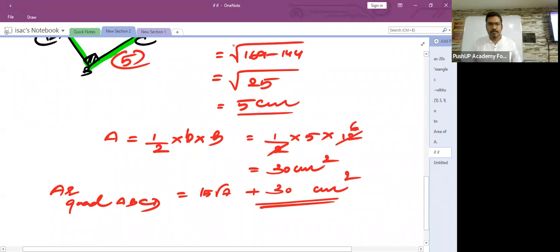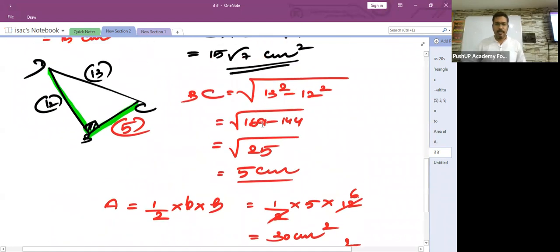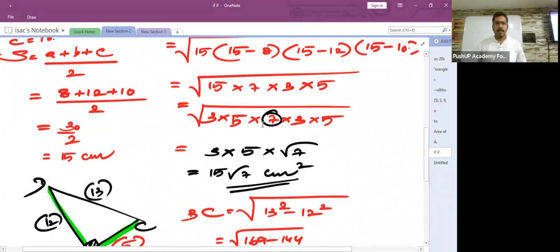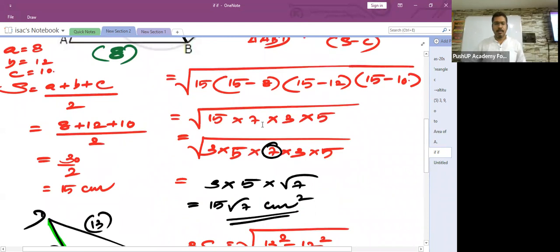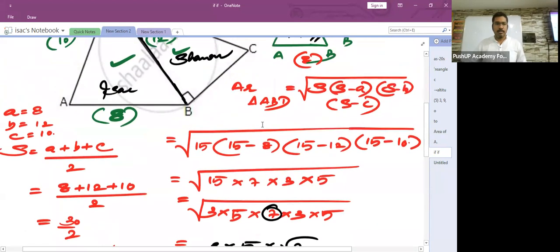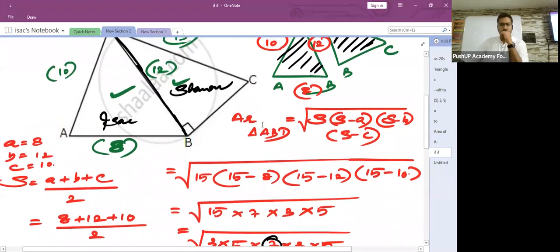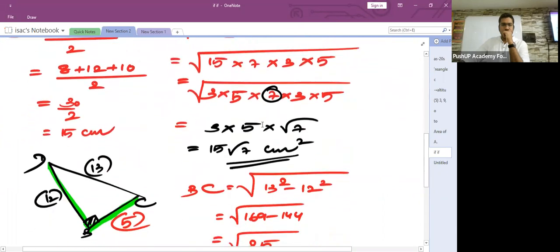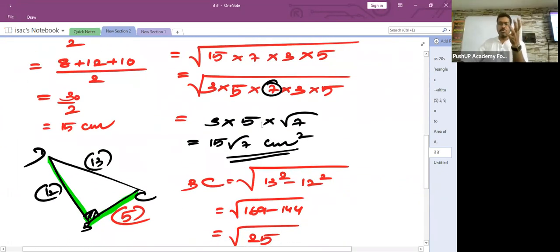Yes, ma'am. Sir, I solved the other part of the triangle in other formula. So how much are you getting? Sir, instead of 15 root 7, I got 40 centimeters square. When we multiply 15 into root 7, we'll get 39.6. Oh, okay. You converted root 7 into its decimal value. From where did you get root 7 value?